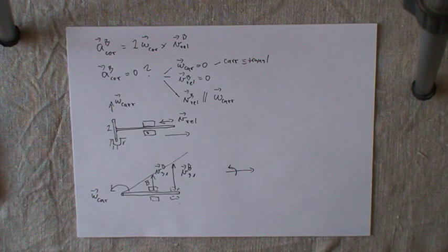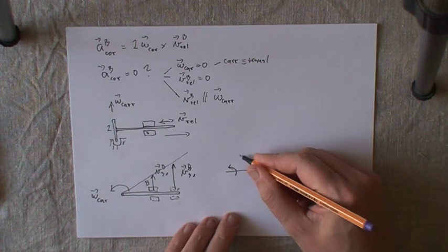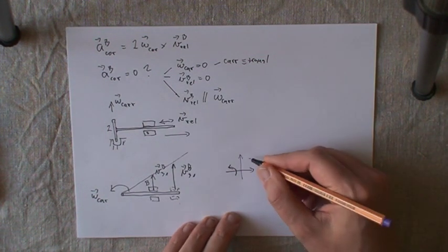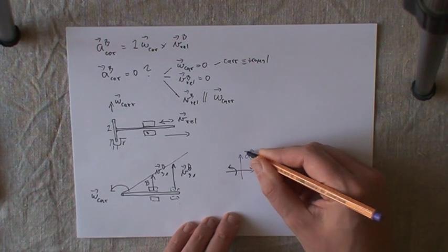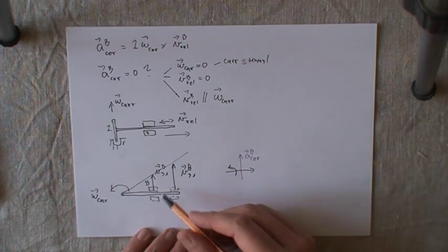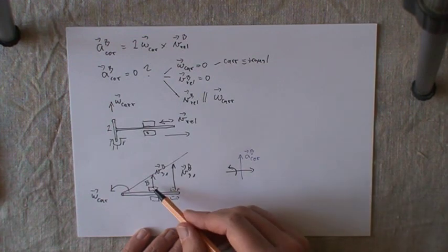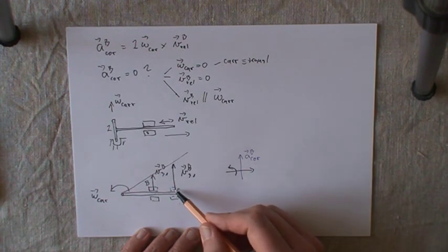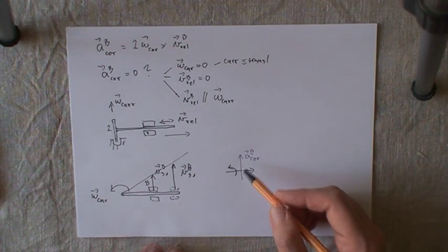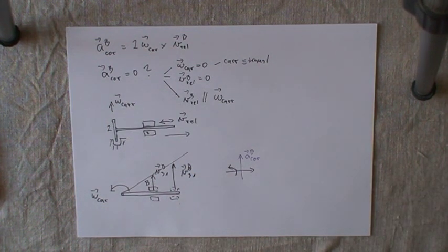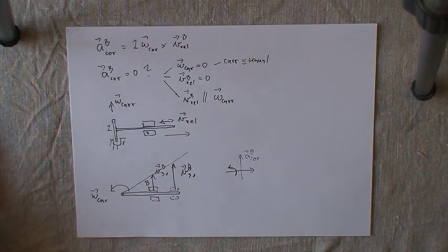So we will get the direction of AB Coriolis. And it corresponds with our little drawing here because the velocity was increased in this direction, in the direction of Coriolis acceleration.